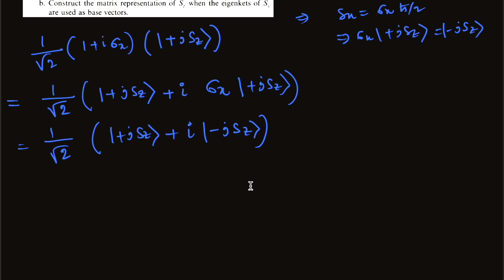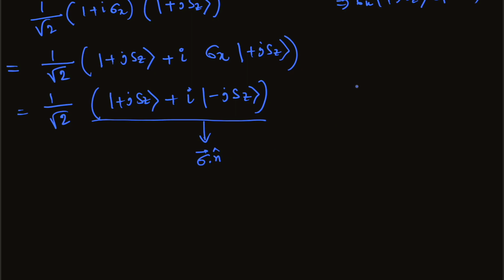And from question 9 we know that these eigenkets are nothing but the eigenkets of the operator sigma dot n cap, where this unit vector n cap makes an angle beta with the z axis, and its component on the xy plane makes an angle alpha.